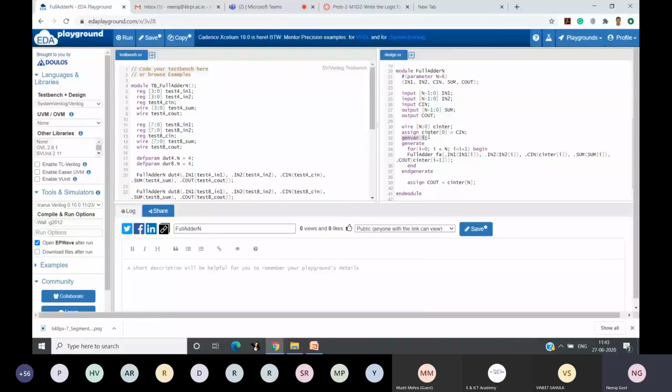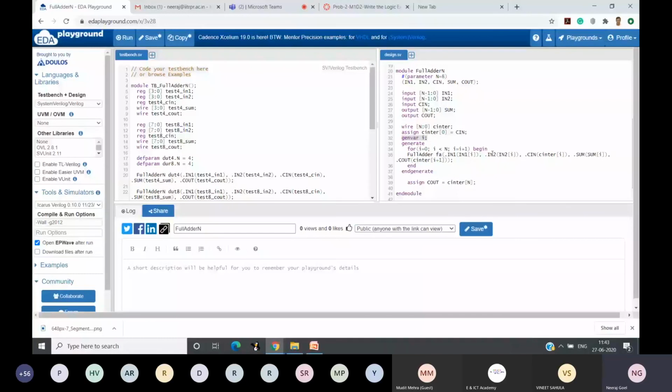Genvar is a special syntax whenever I would like Verilog to generate different instances iteratively, and then we use the keyword generate, and endgenerate also. Then I can write a simple for loop, which looks very much like a C for loop: for i equal to 0, i less than n, i equal to i plus 1, begin, and then all these different instances of full adder can be created.